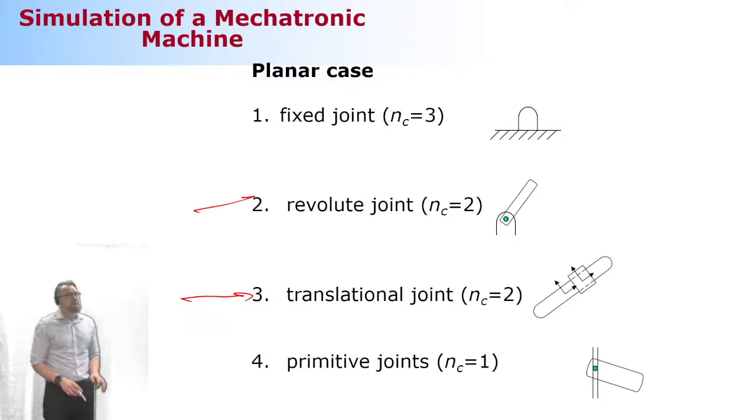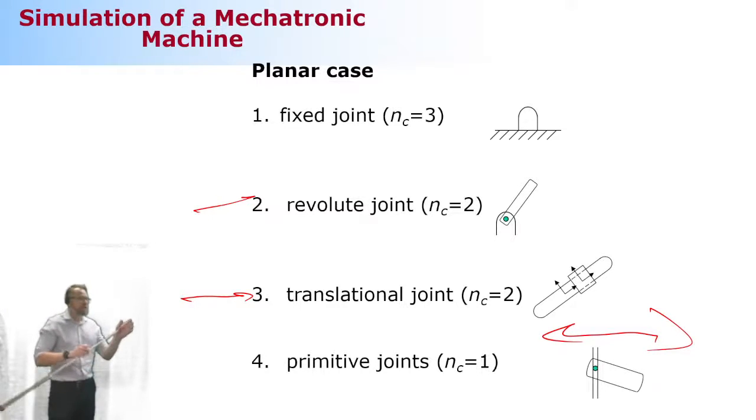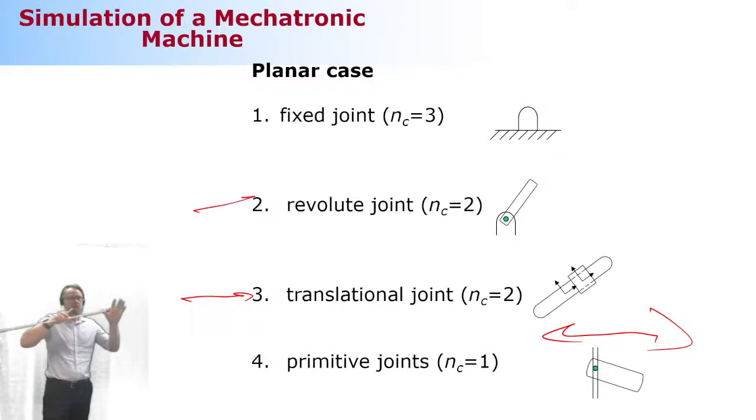Primitive joint, one constraint equation only, because it only limits the motion in this direction. It can still slide along this primitive axis, and this doesn't need to be a straight axis. It can be curved or whatever predefined path you want, and it can rotate. So it only takes 1 degree of freedom away. Only 1 degree of freedom.